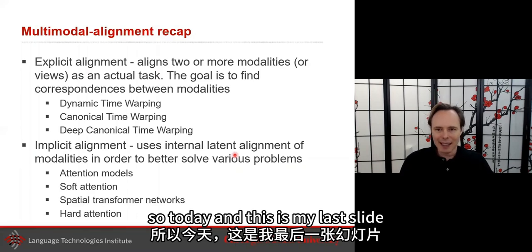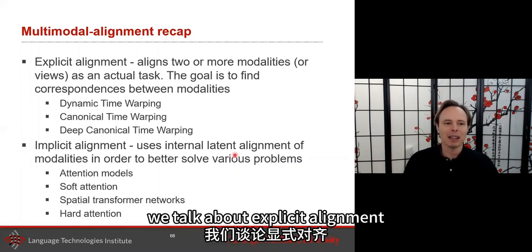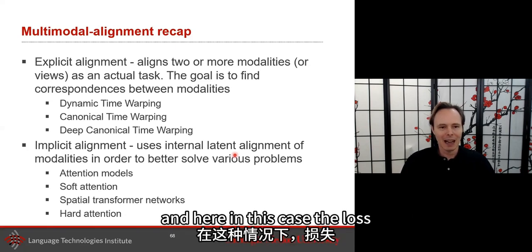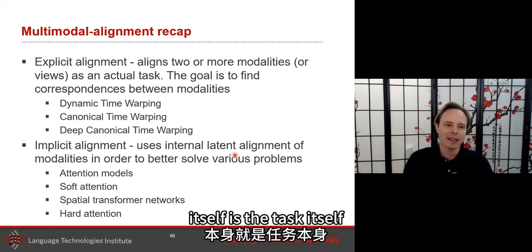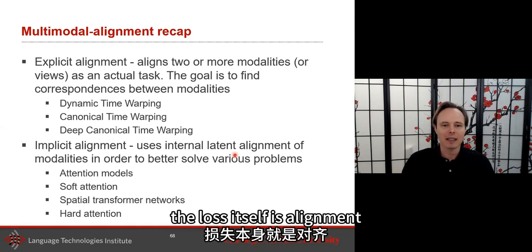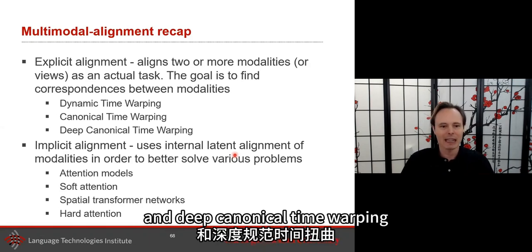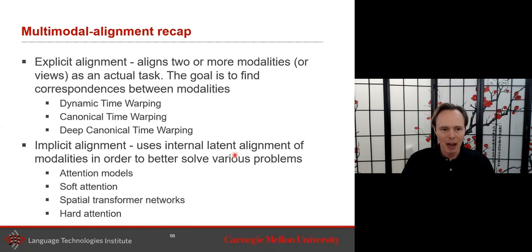So today, and this is my last slide, we talked about explicit alignment, the idea to align 2 or more modalities. In this case, the loss itself is the task itself, which is alignment: dynamic time warping, extension to canonical time warping, and deep canonical time warping.